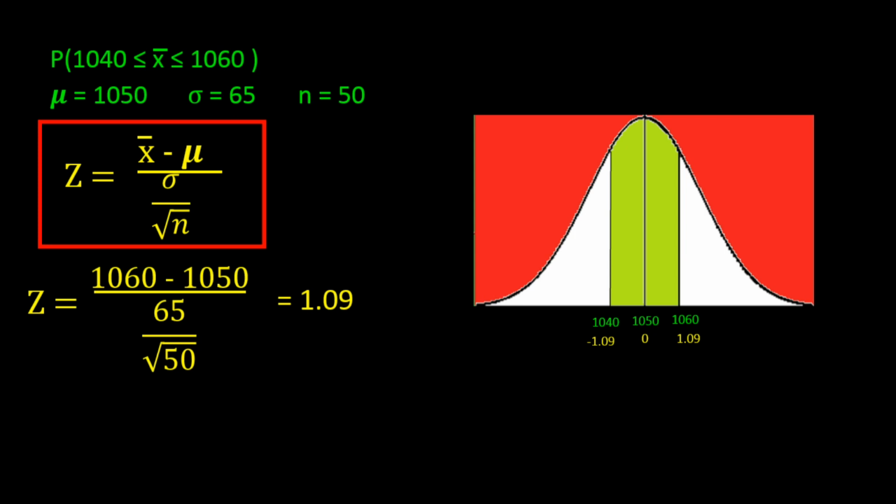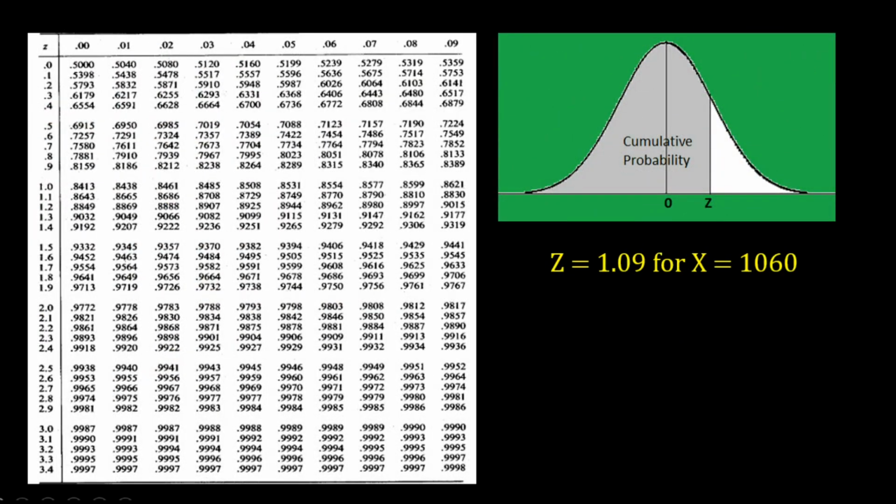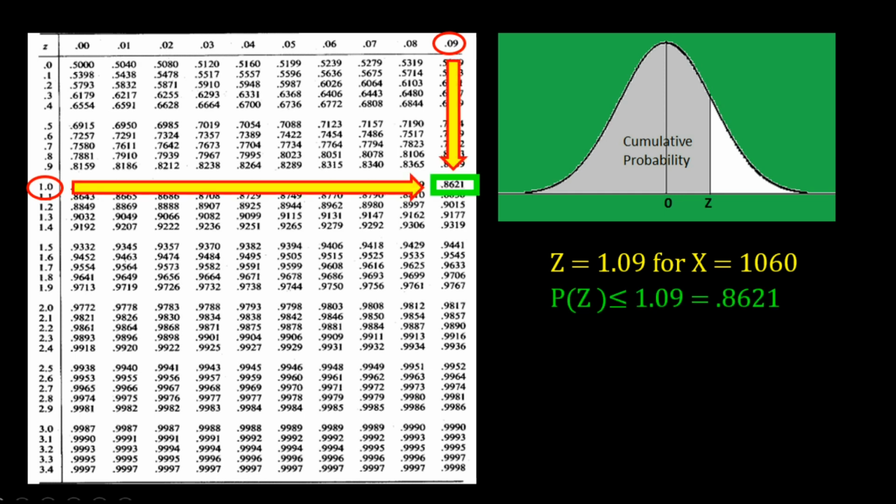Looking this up in the z-table, we first look up the cumulative probability of z less than 1.09, so we look up 1.0 on the left side of the table and 0.09 at the top, and we get 0.8621.